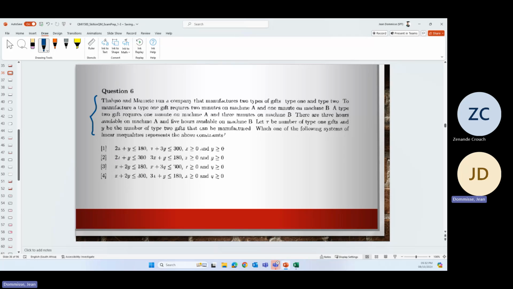So Tabiso and Manette run a company that manufactures two types of gifts, type 1 and type 2.